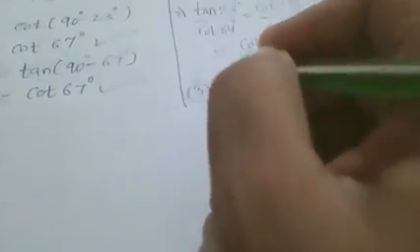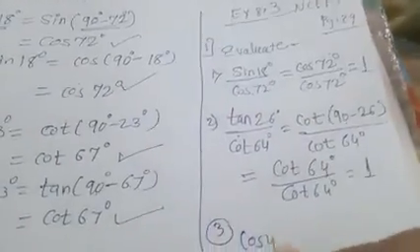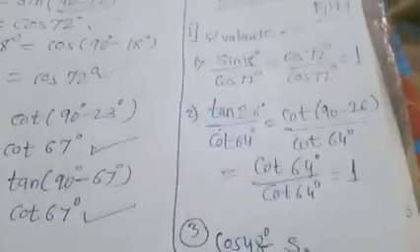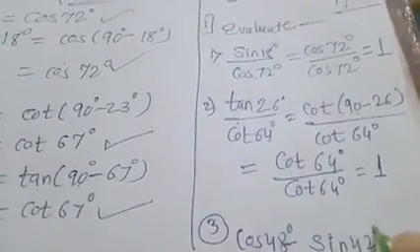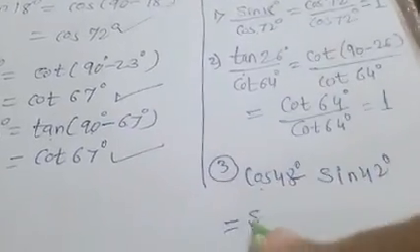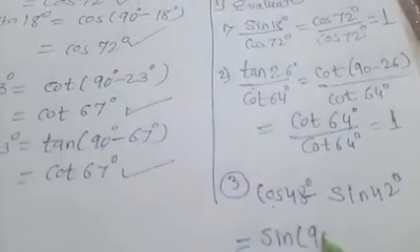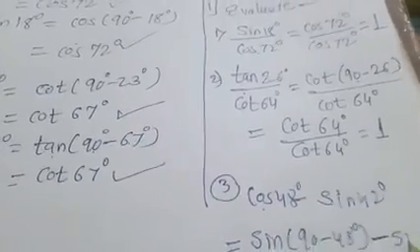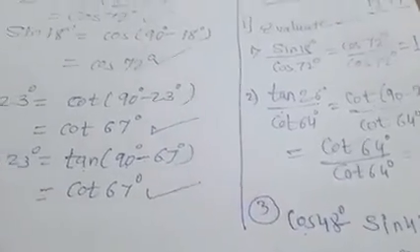See the third example from the exercise now. It is given cos 48 minus sin 42. Now cos 48 can be written as sin 90 minus 48, minus sin 42.